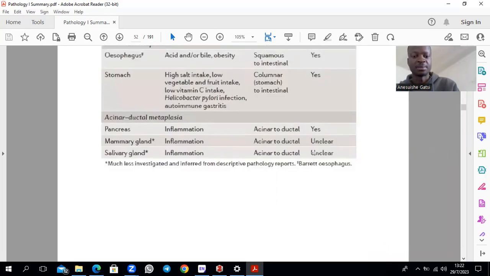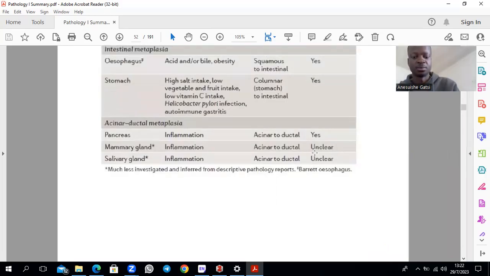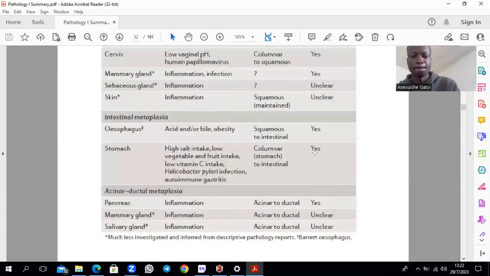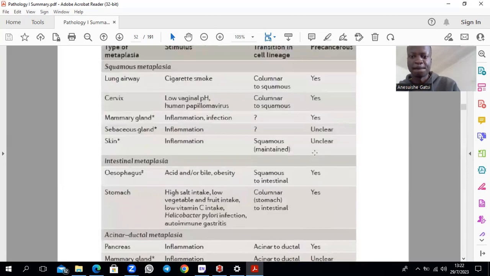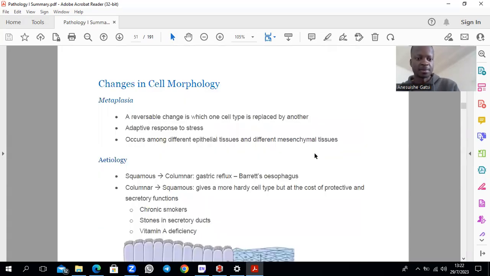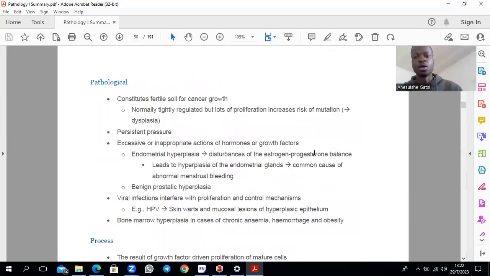Cell adaptation. Right. I think that's that for cell adaptations, but the basic ones: hypertrophy, hyperplasia, atrophy, metaplasia. Then you can now think about dysplasia, neoplasia as well. Right.